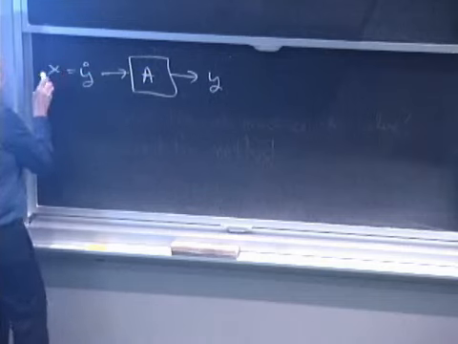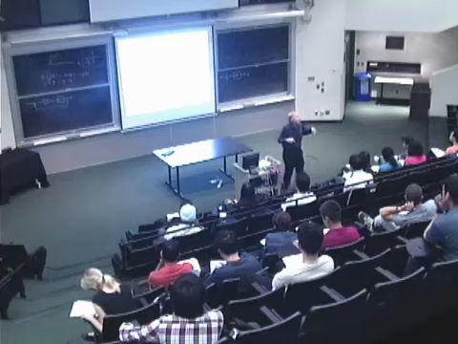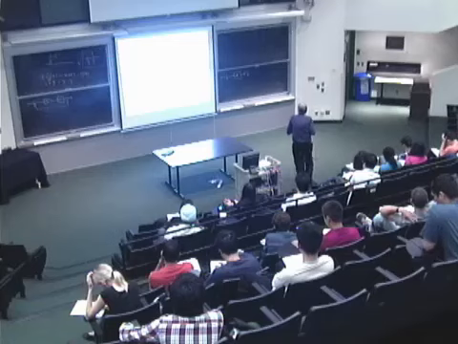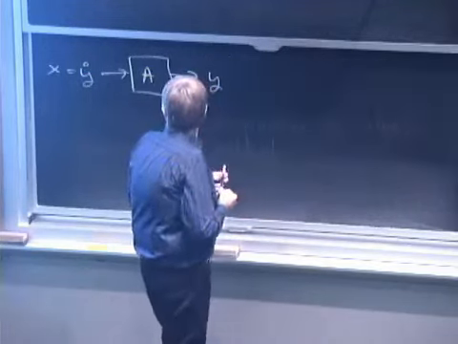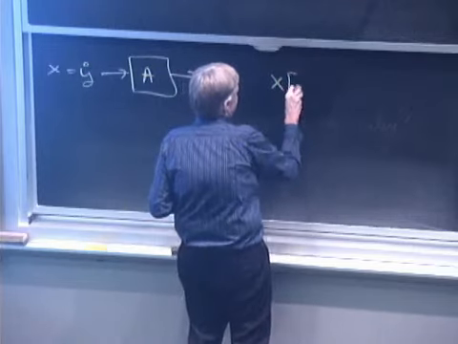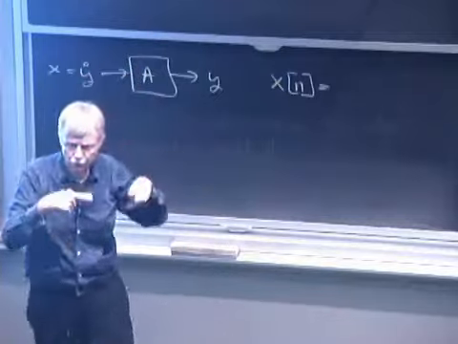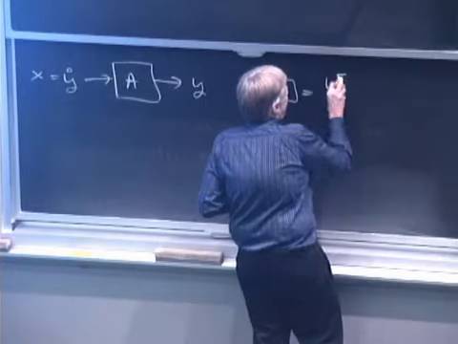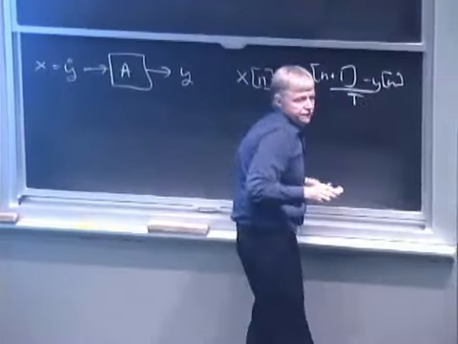So I might say that's x. If the input is x, which is y dot, I put it through an A box and it comes out y. So what does the Euler forward rule say? It says that if I want to compute x of n, the nth sample of this thing, I should do y dot, but since I'm doing Euler forward, I should look ahead. So I should compute y dot as y of n plus 1 minus y of n, divided by T.